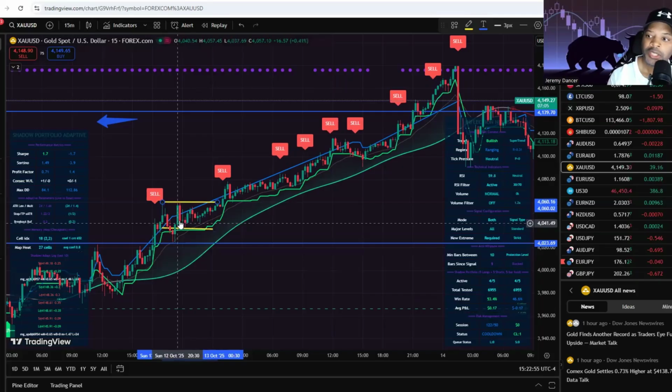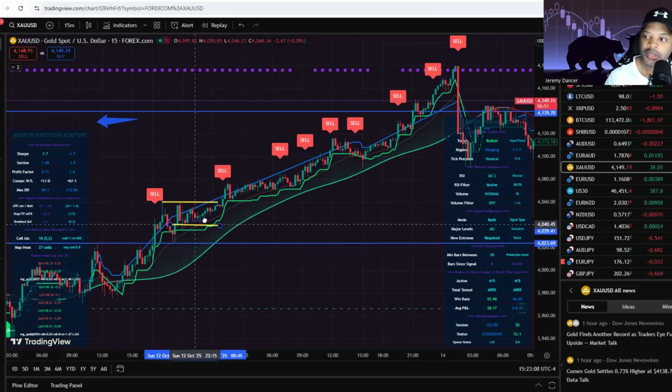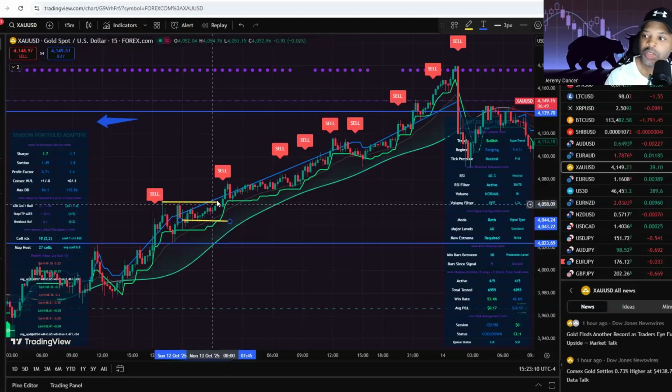Now we're seeing that the range is getting shorter. Now it's roughly 200 pips, right? And then if we move this up here, that range is getting even shorter, so this is say 150 pips and so forth.